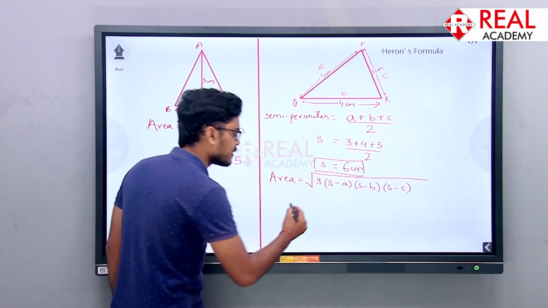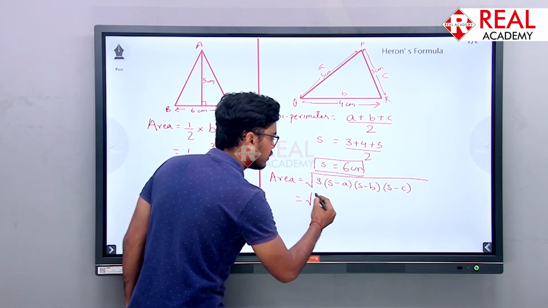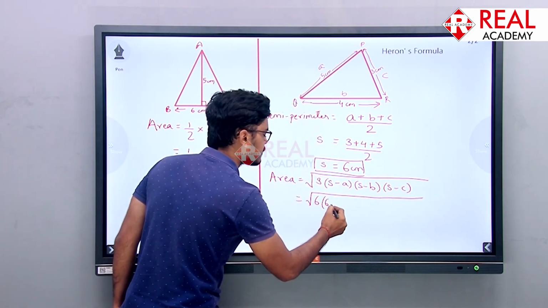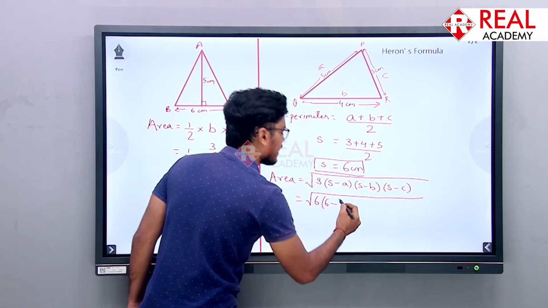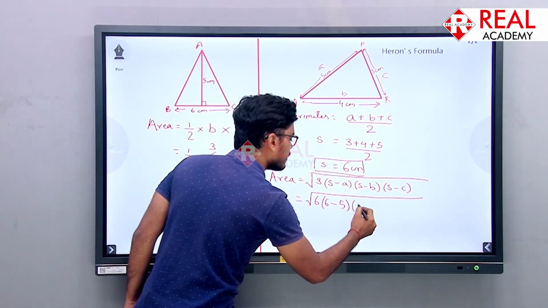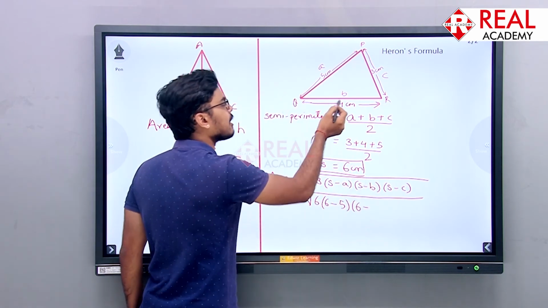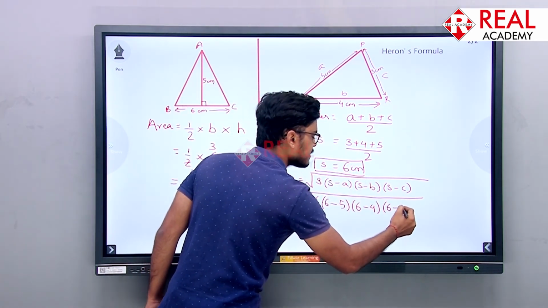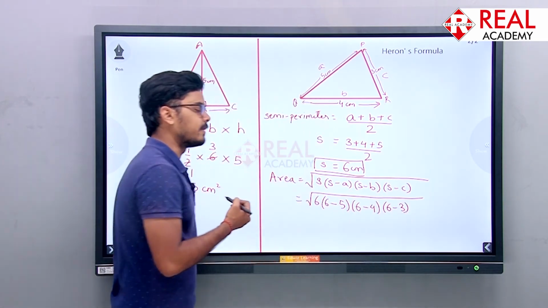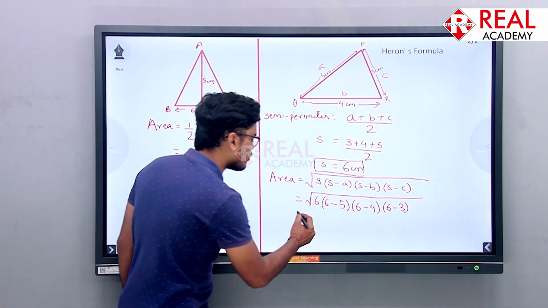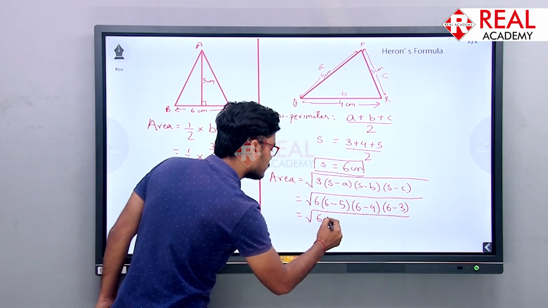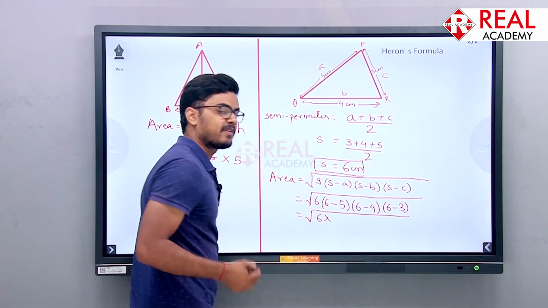So what will the answer be here? This will be equal to the square root of 6 multiplied by 6 minus a, which is how much? 5. Then 6 minus b is how much? 4. Then 6 minus c is 3. If I calculate this, you will get the square root of 6 multiplied by 6 minus 5, which is 1.